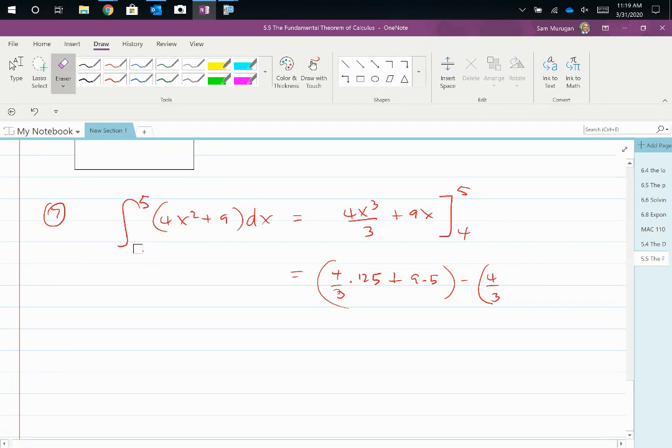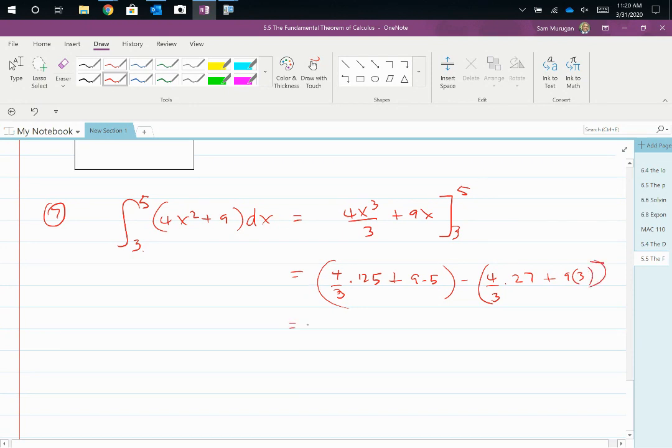This problem is not correct. I know something was wrong. This is 3. This is 3. 3 threes are 9, 9 threes are 27, and then 9 times 3.